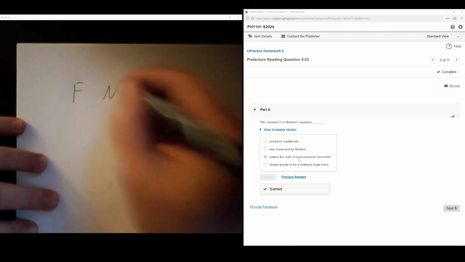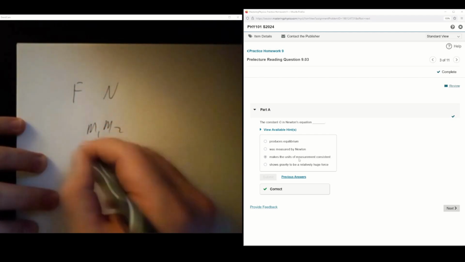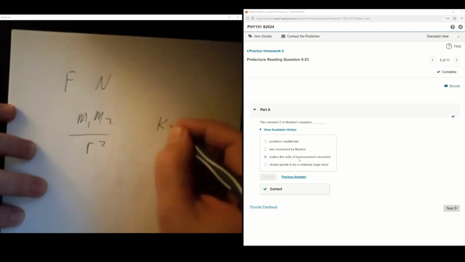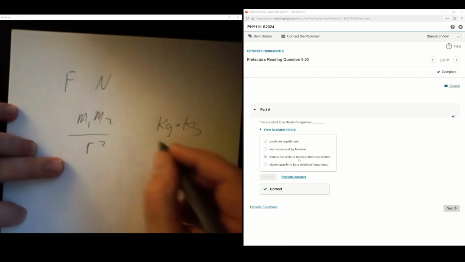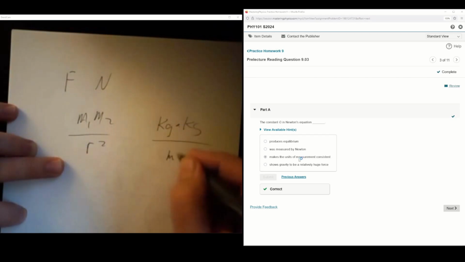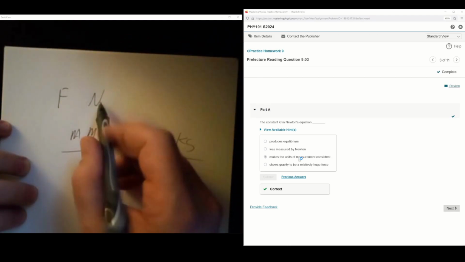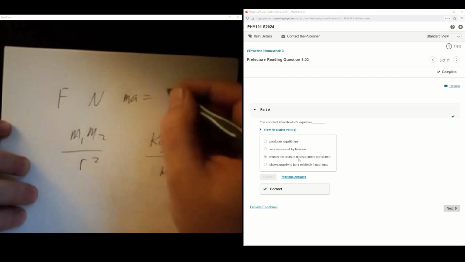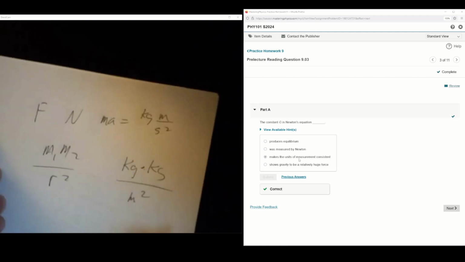force is in units of newtons. And if we look at mass 1, mass 2 over r squared, well, mass times mass is units of kilograms times kilograms. And then r is in meters, and that's squared, so we get meters squared. Now, the unit newton is ma, m being mass, and acceleration being meters per second squared.